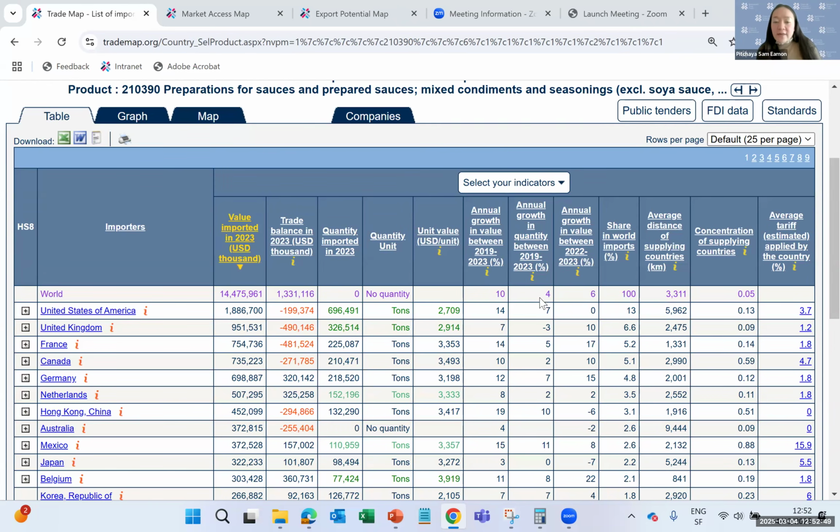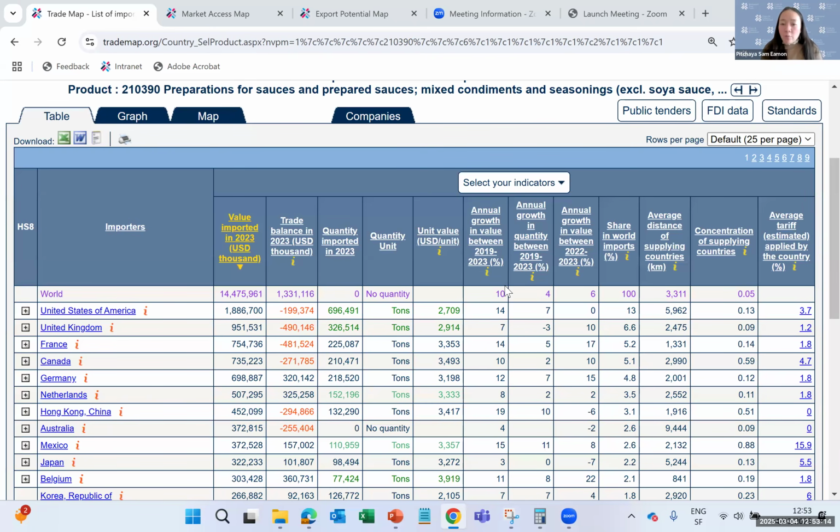And then what we need to investigate is the relationship between annual growth in value and annual growth in quantity. In the ideal world, it will grow consistently like this. It will grow at the same rate, right? However, what we see here, the phenomenon is that the value is growing at 10%. The quantity is growing at 4.